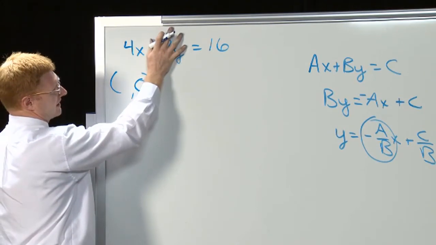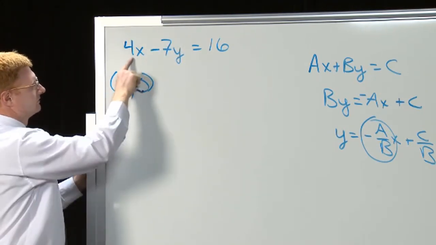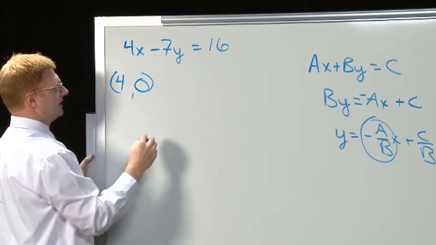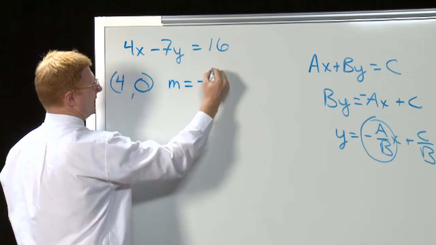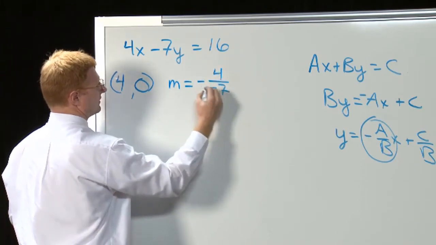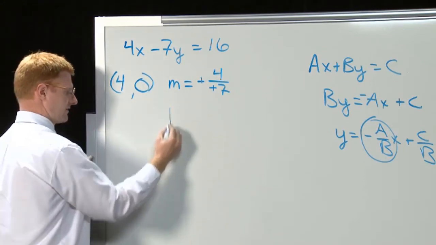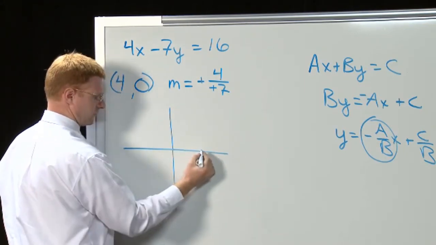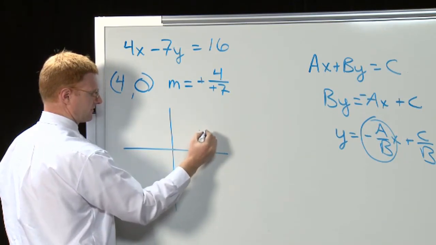If that's gone, can you get x by itself? x is 4. 4 times 4 gives you 16. And the slope is the opposite of 4 over -7. So that means we have positive 4/7.